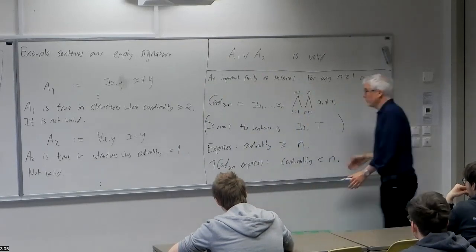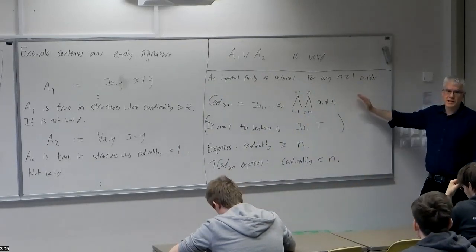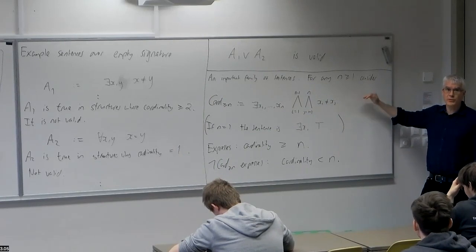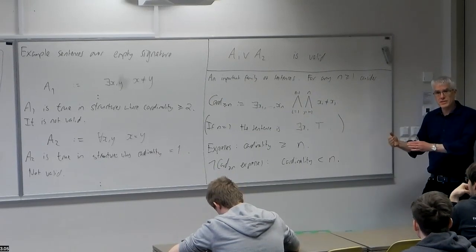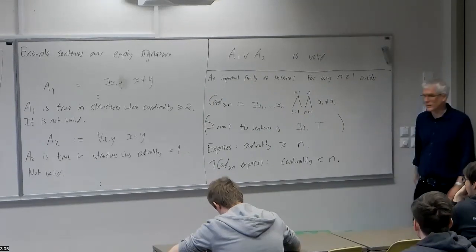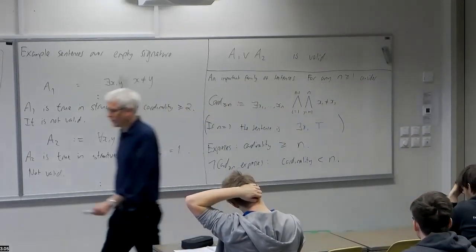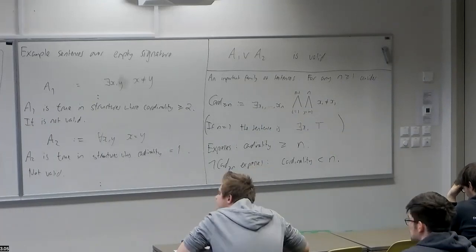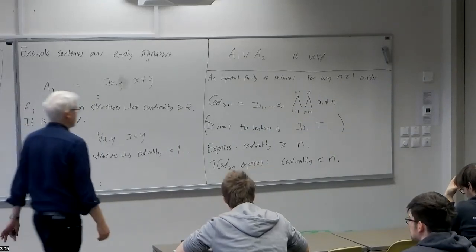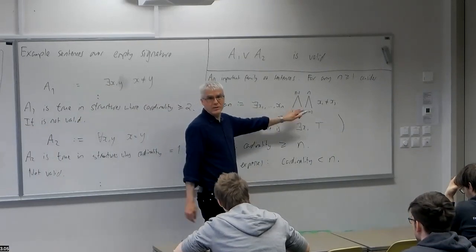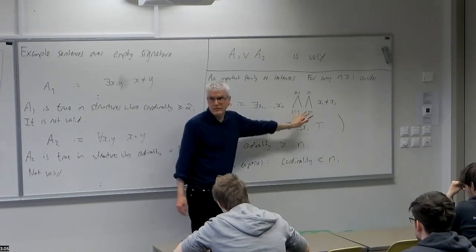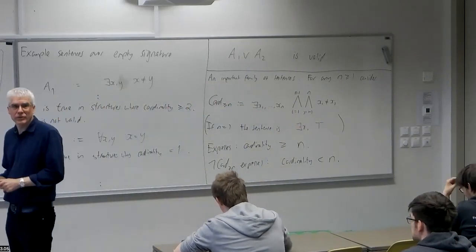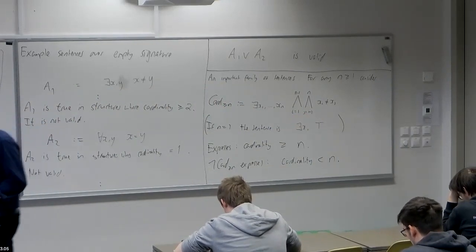I won't write it down, but for example, we can say we've got a sentence that says the cardinality of the structure equals n, namely cardinality greater than or equal to n, and not cardinality greater than or equal to n plus 1. So that would express that the cardinality exactly equals n. These are examples of slightly non-trivial things we can say using sentences with the empty vocabulary. We'll see some more complicated examples a little bit later.